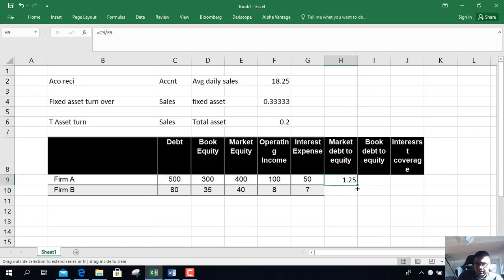So it is 2 and 1.25. Then book value is total debt divided by book value of equity. So 1.66 and 2.28, and interest coverage ratio is operating income divided by interest payment.